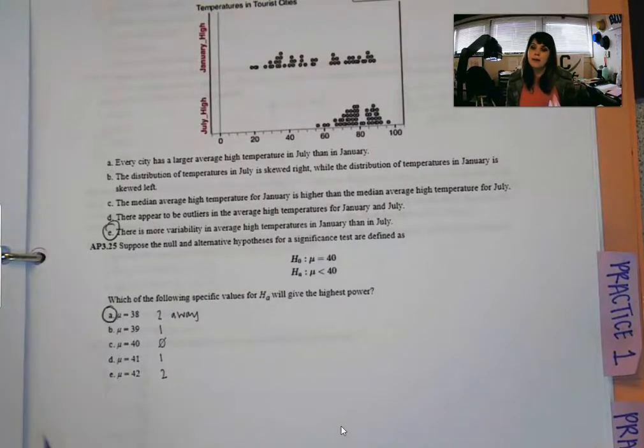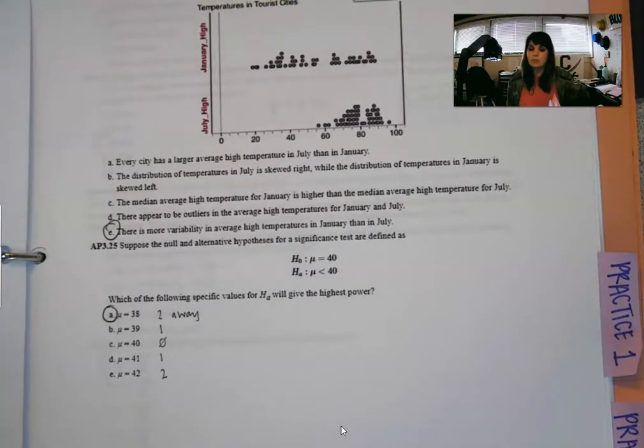So remember our basketball shooter, a guy that can hit 60 when he claims that he can hit 70%, not that bad. But let's say he only makes 20% of his shots, then we're pretty sure that he's not telling the truth. So the more obvious the difference, the greater the power.